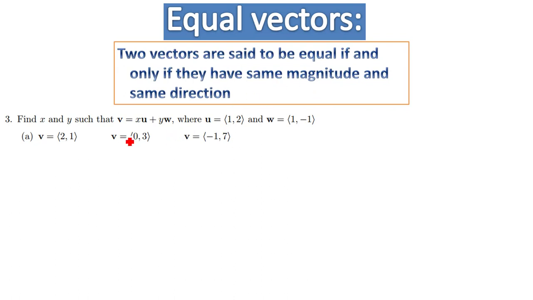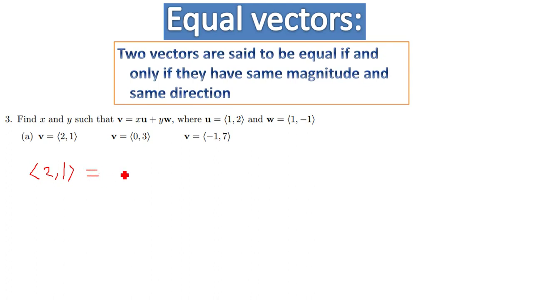So let's look at this example here. We have v this side. They are telling us to find the value of x and y such that v is equal to that. So if you take your v to be this one, we are going to have (2, 1) as your v.